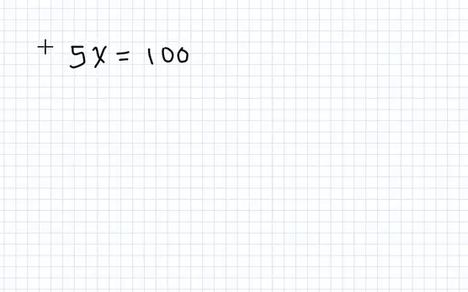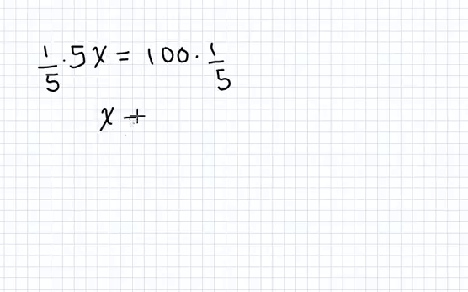What we're going to do here is multiply both sides by 1/5. 1/5 times 5 is 1, and 1 times x is just x. And so we're left with x is equal to 1/5 of 100, which will be 20. So 20 is our solution.